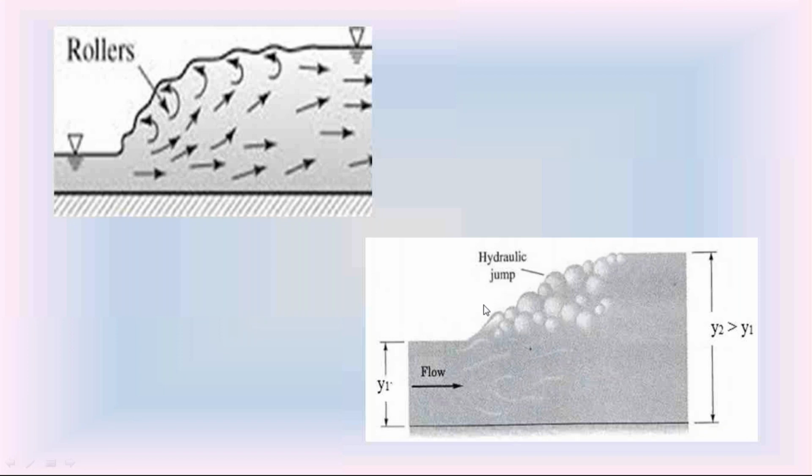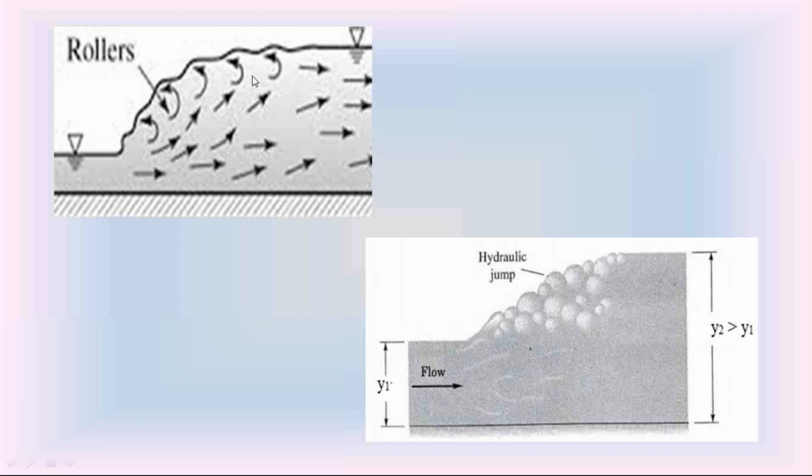So the hydraulic jump is formed during the transformation of the supercritical condition of water flow to the subcritical condition of water flow. In that stage, you will get this formation of hydraulic jump. This is that hydraulic jump. In the hydraulic jump, the water is rotating. The flow of water in the hydraulic jump is a rotational flow.